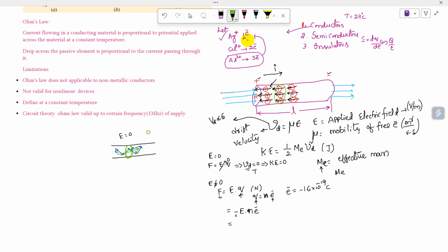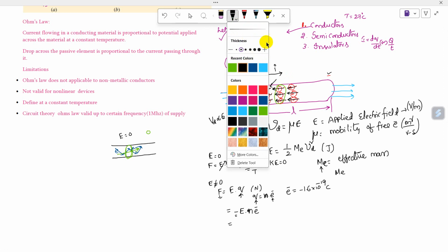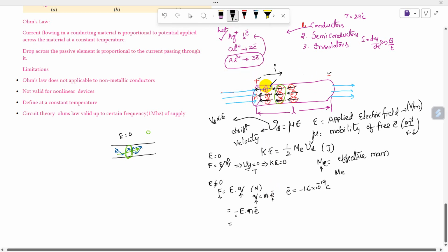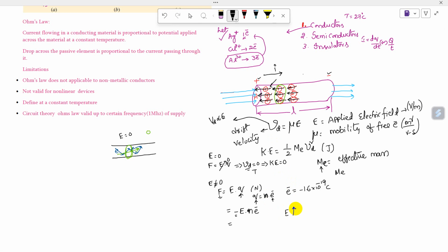So if I increase the field E, then the force will increase, implying drift velocity increases, implying all electrons acquire more kinetic energy.